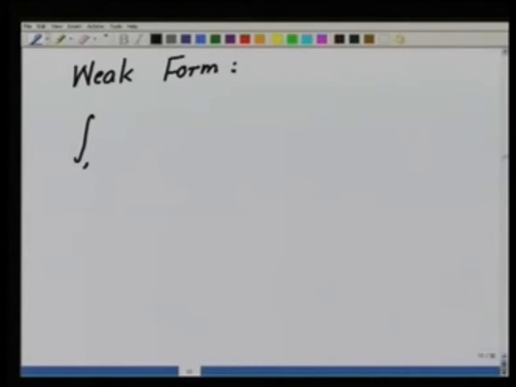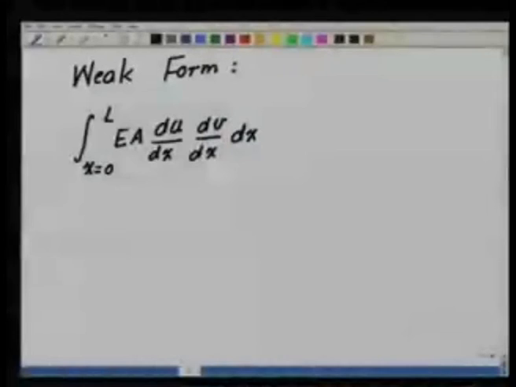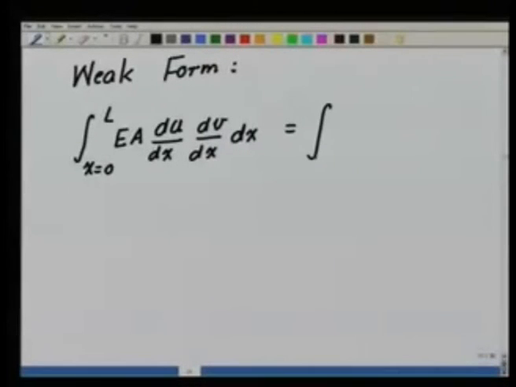It is the integral from x equal to 0 to L of EA du dx dv dx equals the integral of f v dx plus P times v evaluated at L.